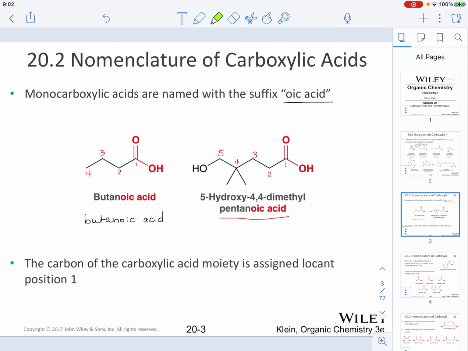Then, specifically for this molecule, we have 2 methyl substituents on carbon 4, and we also have a hydroxyl group. Understand that if you have in a molecule a hydroxyl group and a carboxylic acid, the carboxylic acid is going to get priority. So, after the numbering has occurred for our substituents, I'm going to highlight the hydroxyl group.